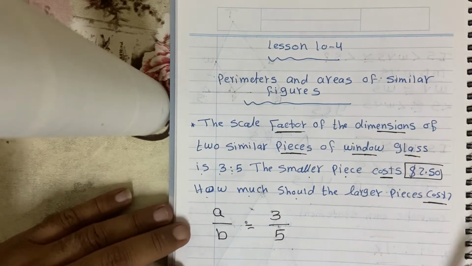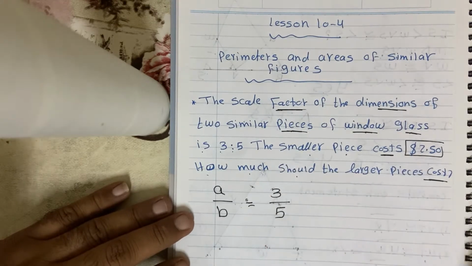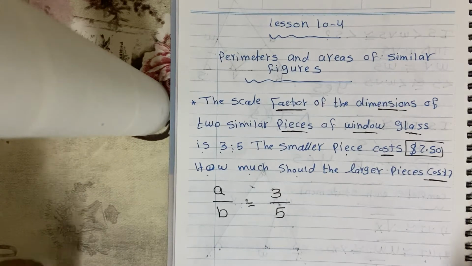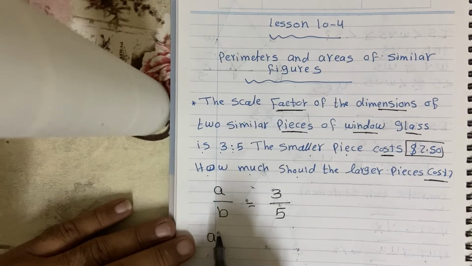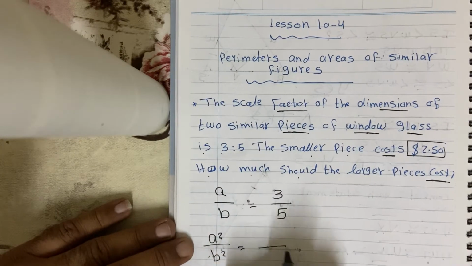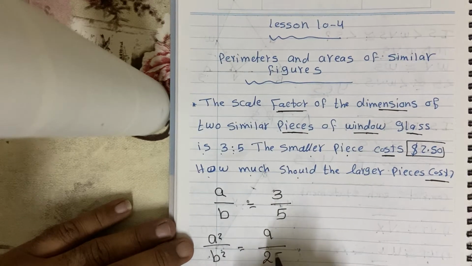We have a price, and this is the price of the smaller piece. So you have to use the ratio of the area. The ratio of the area is A power 2 over B power 2. It will equal 3 power 2 is 9, 5 power 2 is 25.